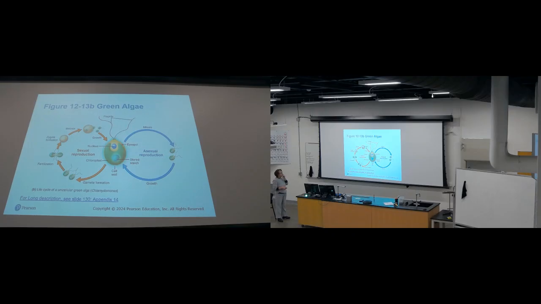So here we have these unicellular green algae, or Chlamydomonas, that can either reproduce asexually or sexually. So when it reproduces asexually, it does so just by mitosis, and then they grow and they form this large form with this flagella. And then internally, you have the nucleus, and then you have this chloroplast and starch that is stored in the cytoplasm, and then you have something that's called the eye spot.